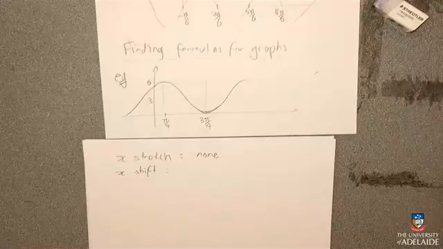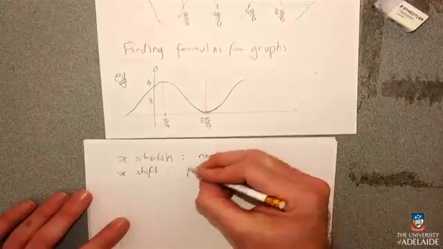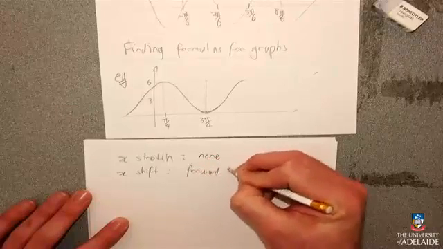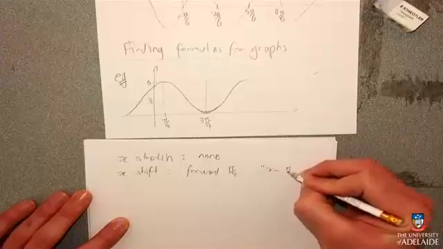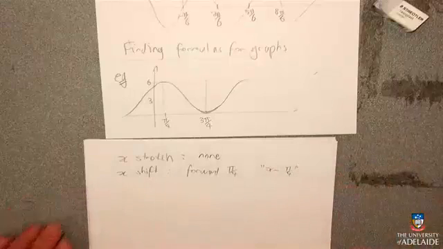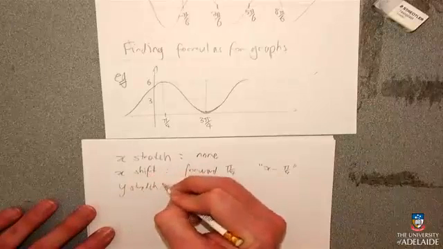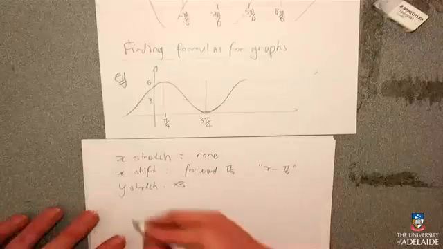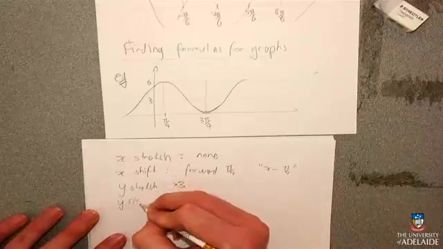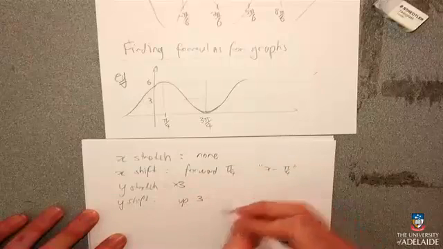And what normally causes a shift forward of pi on 4 is a subtraction of pi on 4 from the x. So it's going to be x minus pi on 4, because we know it goes backwards on the inside. The y stretch was 3, it's times 3, and my y shift was up 3.